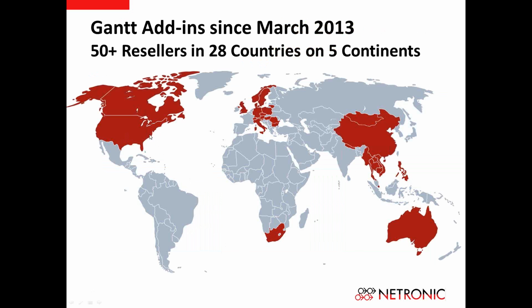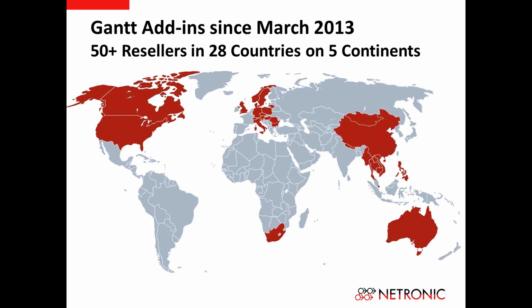They obviously serve the American market, but we have partners throughout Europe. We have partners in South Africa, a couple of them in Eastern Asia, and also in Australia. Now we need to mark New Zealand red because we just signed an agreement with a partner there.